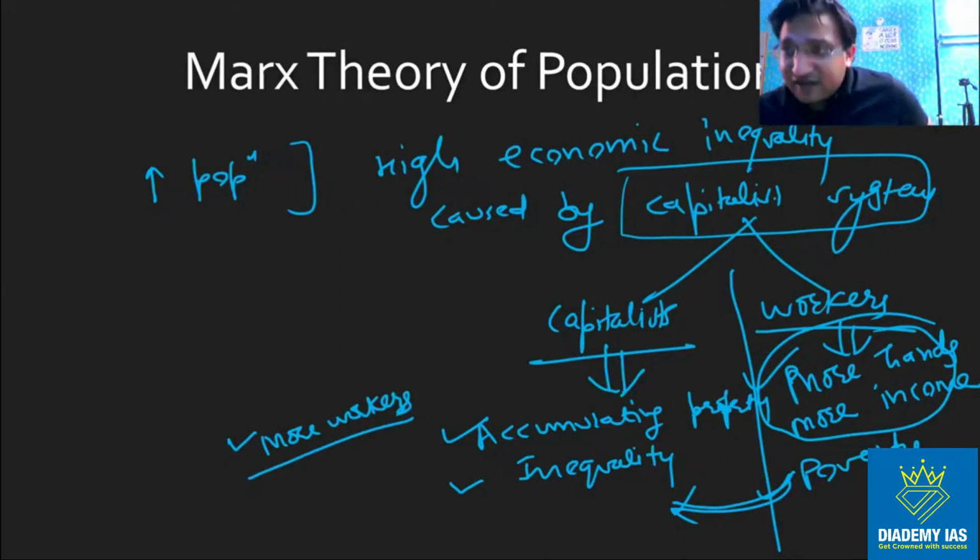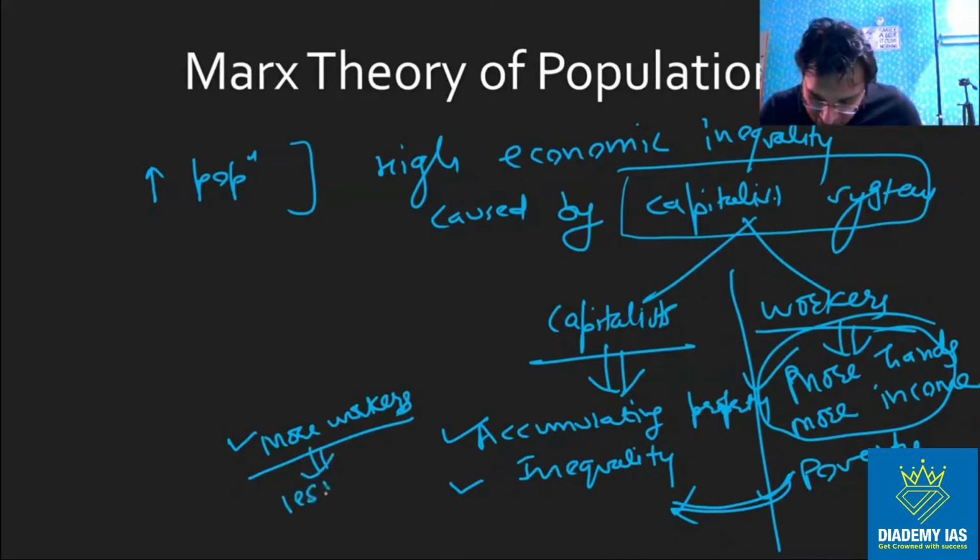So when the number of workers is more, the capitalist will have to pay less wages. So the increasing population of the poor is a beneficial proposition for the capitalist people. So increasing population is always beneficial for the capitalist. So this is a vicious cycle.